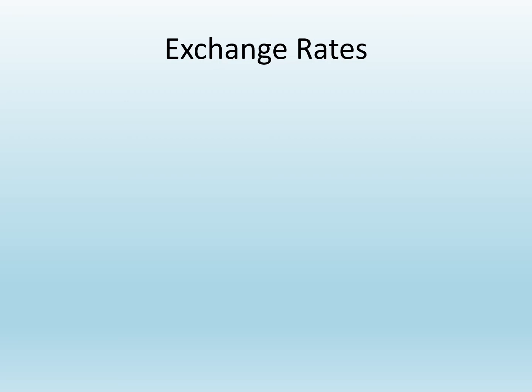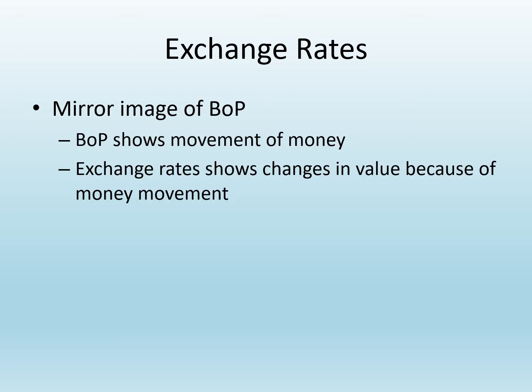The purpose of the next few slides is simply to set the scene with some empirical and general overview discussion before we start getting into the theory of exchange rates. So the exchange rate is the mirror image of the balance of payments. In the balance of payments, what we have is a flow of funds. So we look through the balance of payments and you see the money moving between countries, either for trade-related purposes through the current account or because of financial capital flows for whatever reason through the financial account.